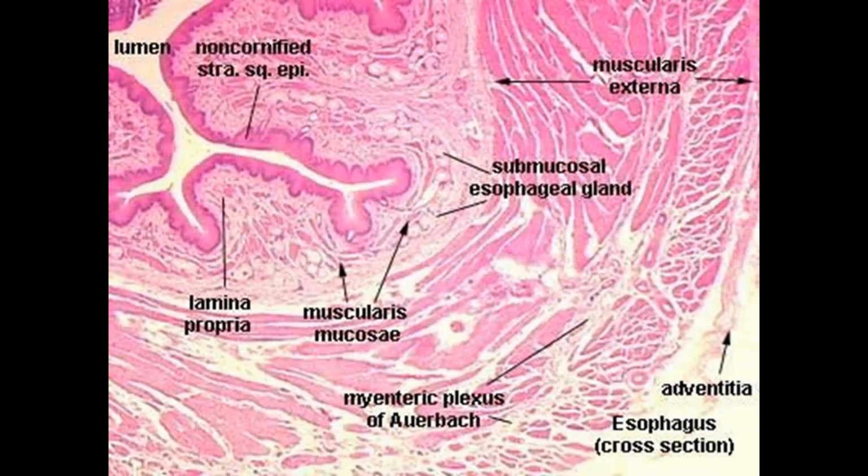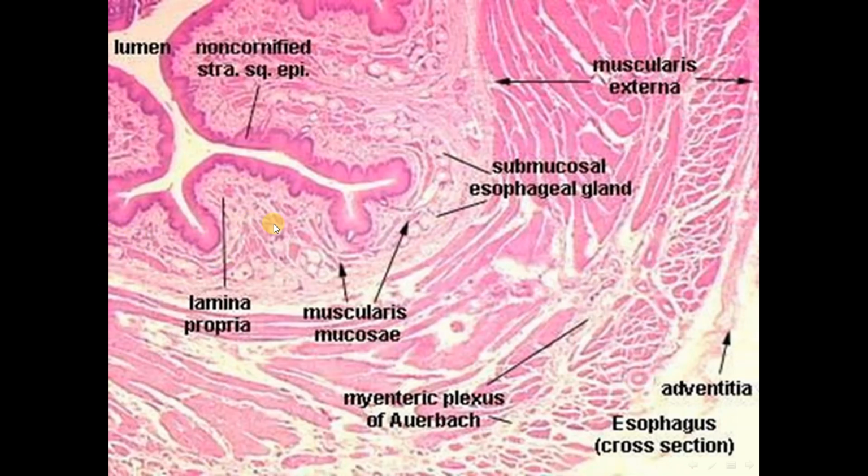Lamina propria, it is the loose connective tissue with the gland in the esophagus. This gland named the esophageal cardiac gland. This gland is just in the region near the stomach. Muscularis mucosa consists of the single layer longitudinal smooth muscle fiber.